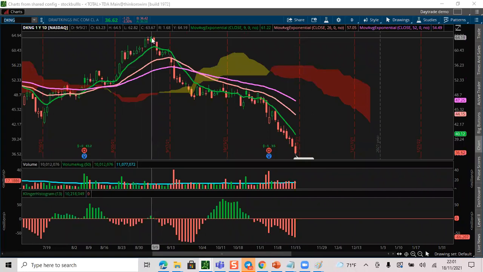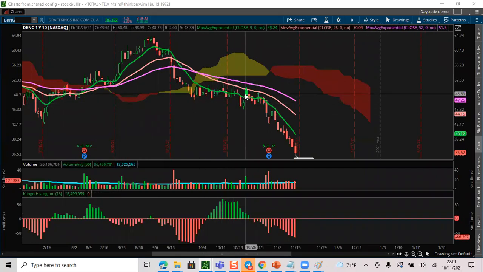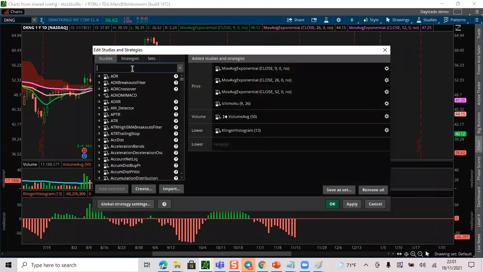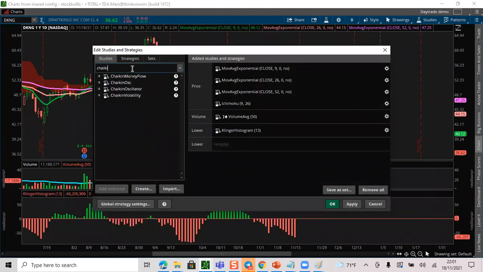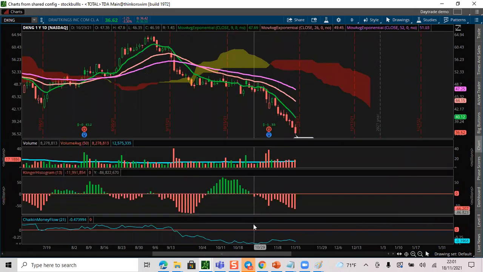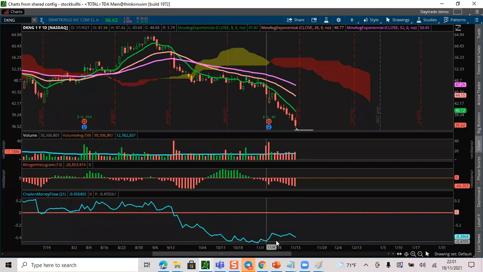From then, you can see the strong red selling volume followed by some consolidation. But again, it's clear. So let's add this. You can see, right? Clearly it is just going down.